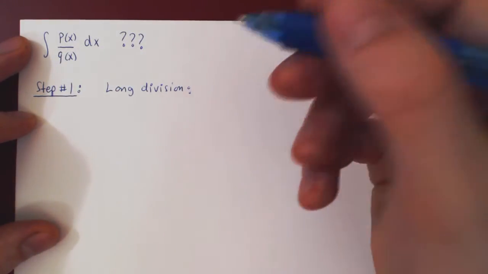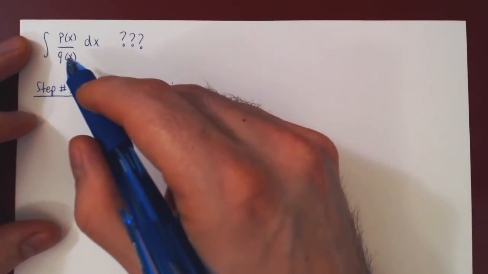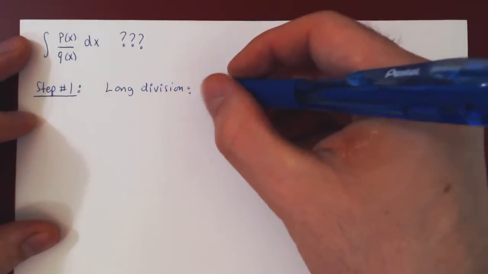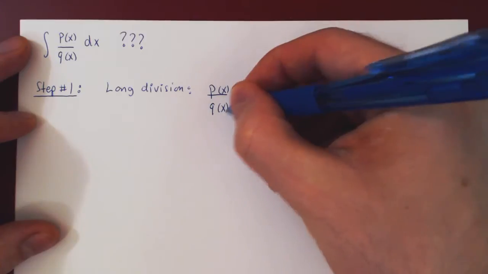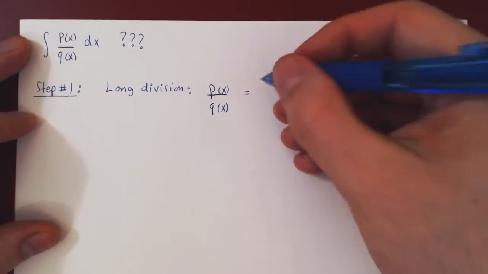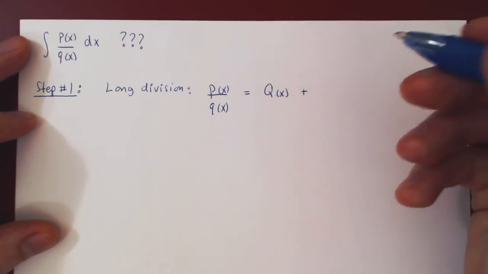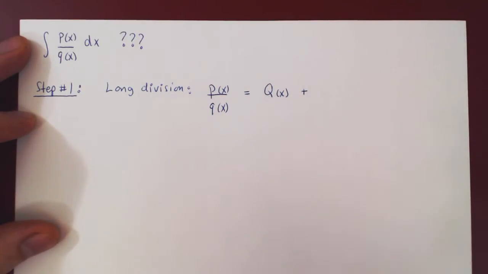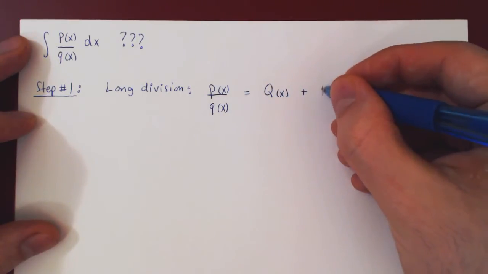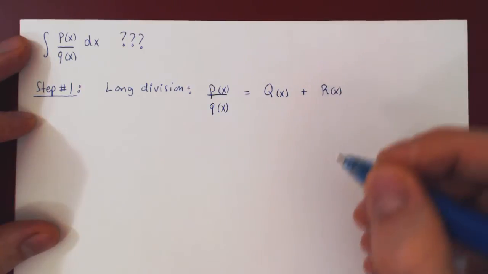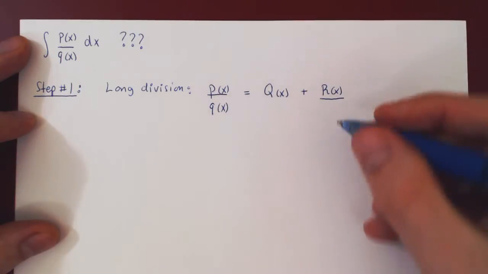Well, suppose it is the case that the degree of p of x is equal to or greater than the degree of q of x. So if we apply long division, we can rewrite p of x over q of x as the quotient coming from long division, uppercase Q of x, plus. And if you recall, when you perform a long division, two things are returned. There's the quotient of the long division and also the remainder, uppercase R of x, and the remainder is over the same divisor, q of x.